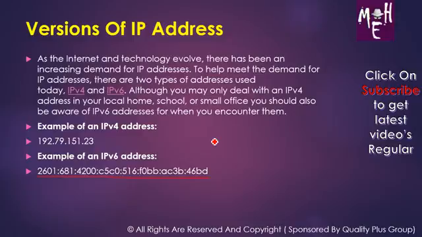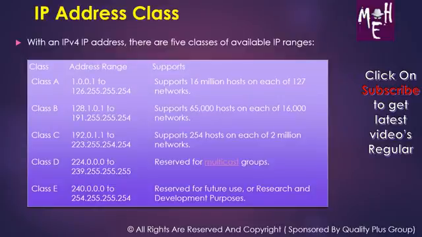So that is more complicated than IPv4, and you can understand easily by this example. So friends, mostly version 4 is needed. The IPv4 address is divided into 5 classes: class A, B, C, D and E.